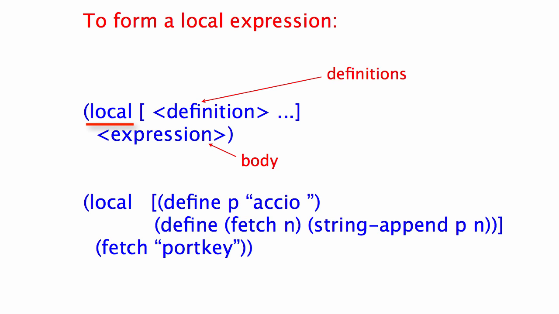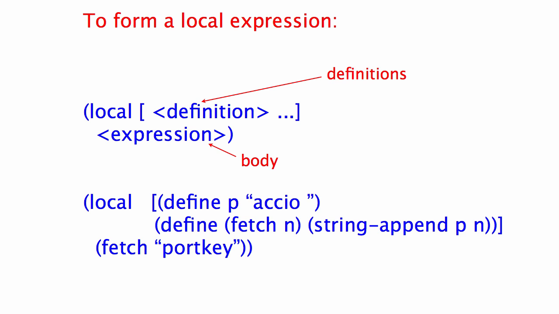There's open paren local, and then there's a bracket, and by convention we use a square bracket. And then there's a balancing square bracket, and in between those 2 brackets there can be any number of definitions. 1, 2, however many you want. There can even be 0 definitions, but in that case it isn't very useful to have the local.